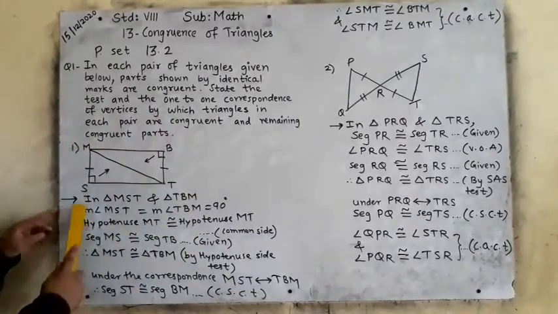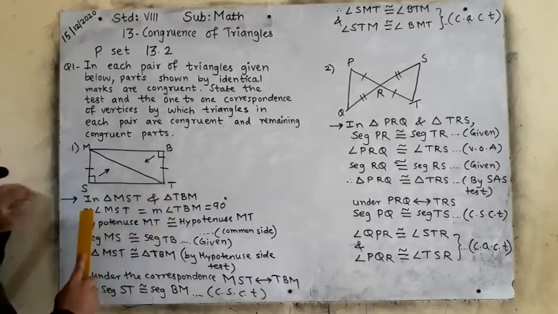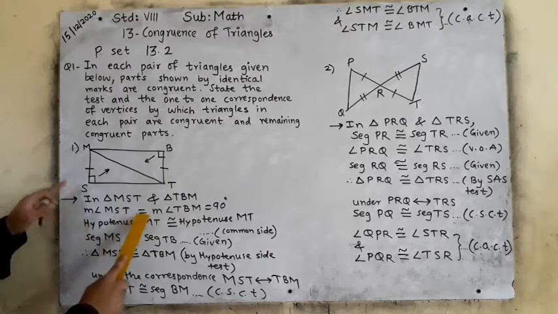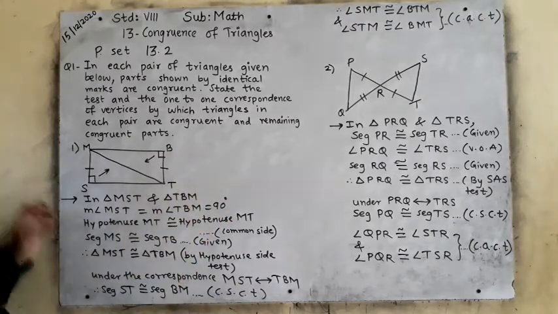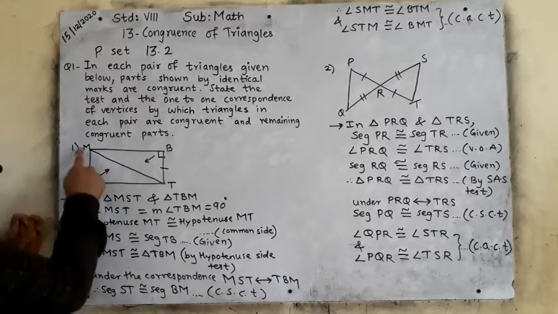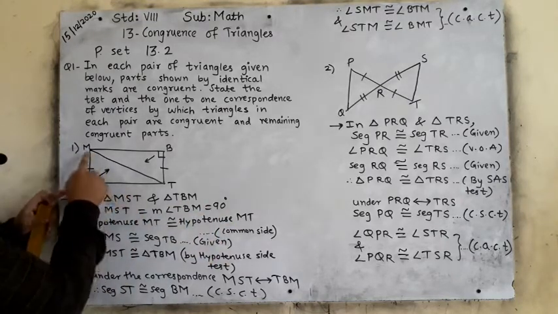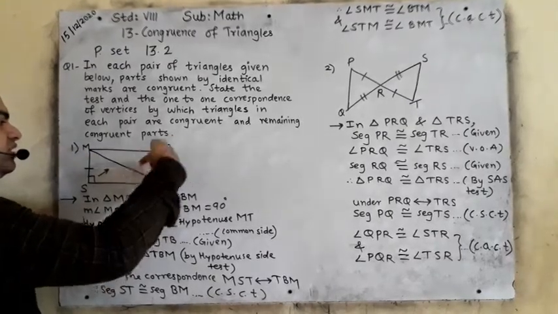See here, in triangle MST and triangle TBM, angle MST, S comes in between, and angle TBM, B comes in between, they are 90 degree. Now see, MT is the hypotenuse, congruent to hypotenuse MT. It means MT is the hypotenuse of this triangle also and of this triangle also. Why?